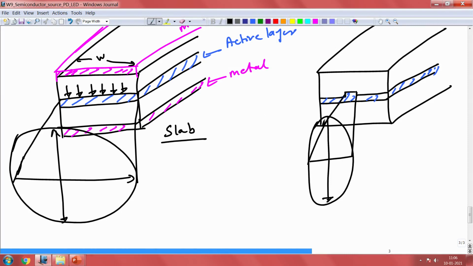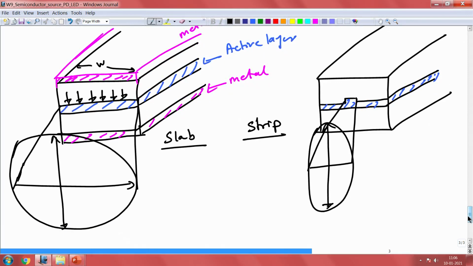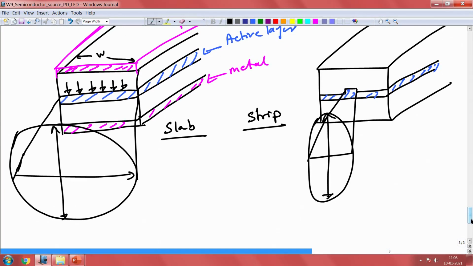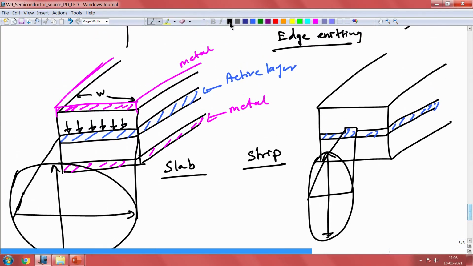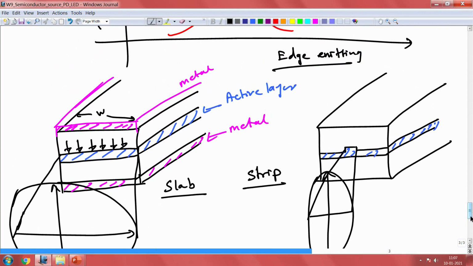So, you will have emission in divergence that are asymmetric. Right. So, again the thickness and everything is all the same, but then the structure is little different. So, this is called strip geometry based emission. So, by doing this kind of injection, we could make the output, right, a profile as you like.